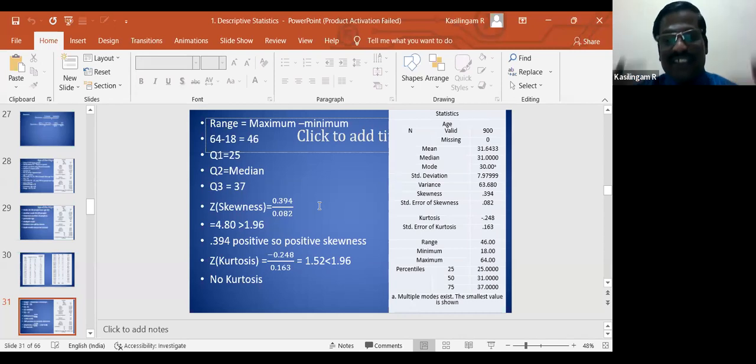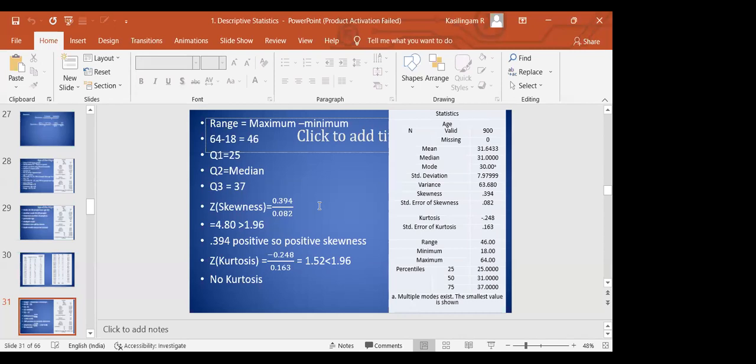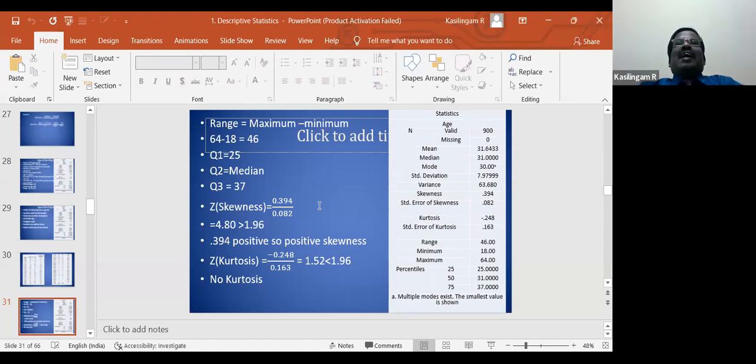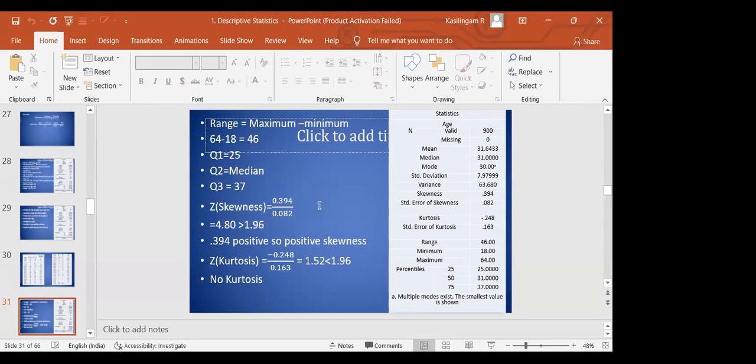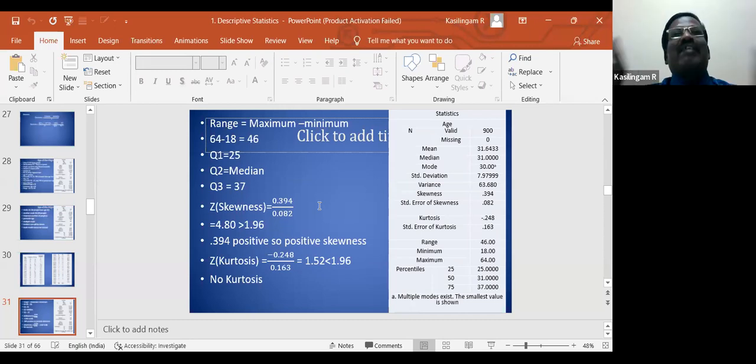The alternate is that there is a skewness. When there is no association, the alternate is that there is an association. So since the Z value is more than 1.96, the null hypothesis is rejected, which means there is a skewness.